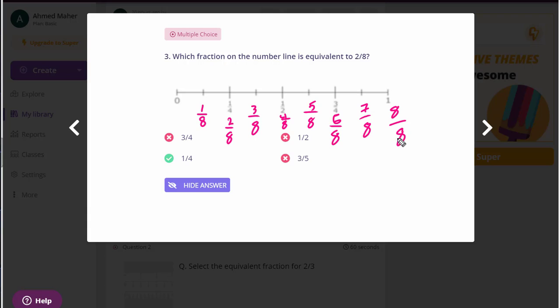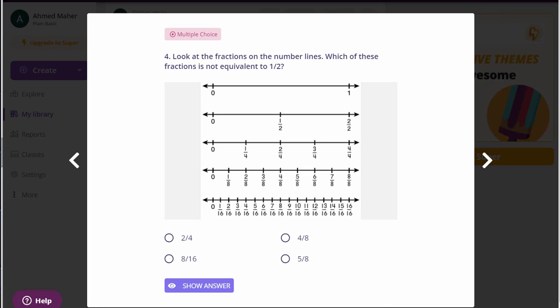So when you need to check your work, make sure that when you reach the 1, you have the same numerator and denominator. So you will be sure that this answer is correct. Okay, any problems? So let's move to the next one.